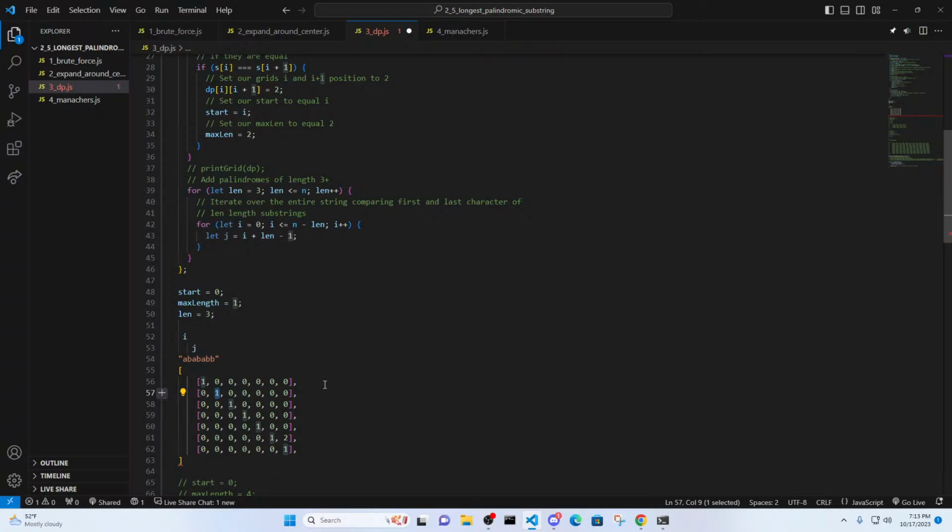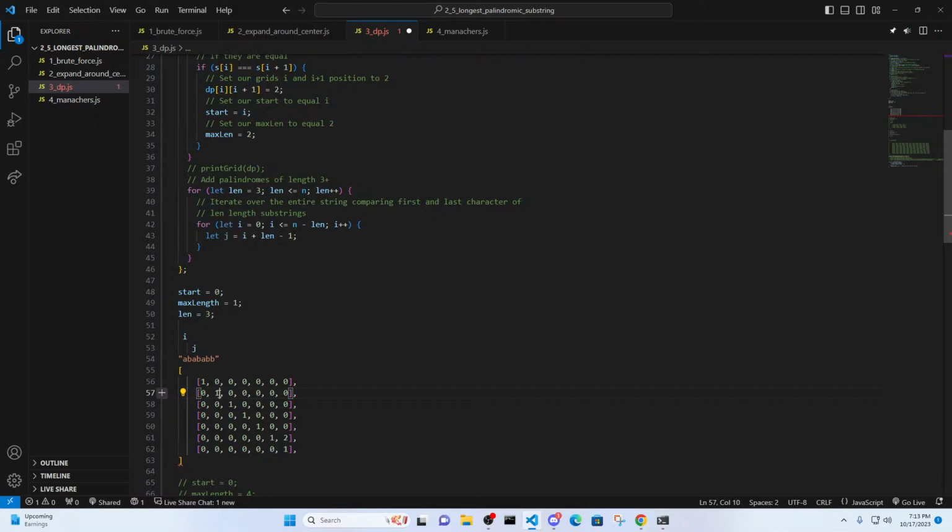Of length 4, that's a different story though. That's where it changes a little bit. Now let's run through this. So we have i at 0, j at 2. We check the i plus 1, j minus 1 position. So i plus 1 is the first array, j minus 1 is the 1, and you see this is truthy.